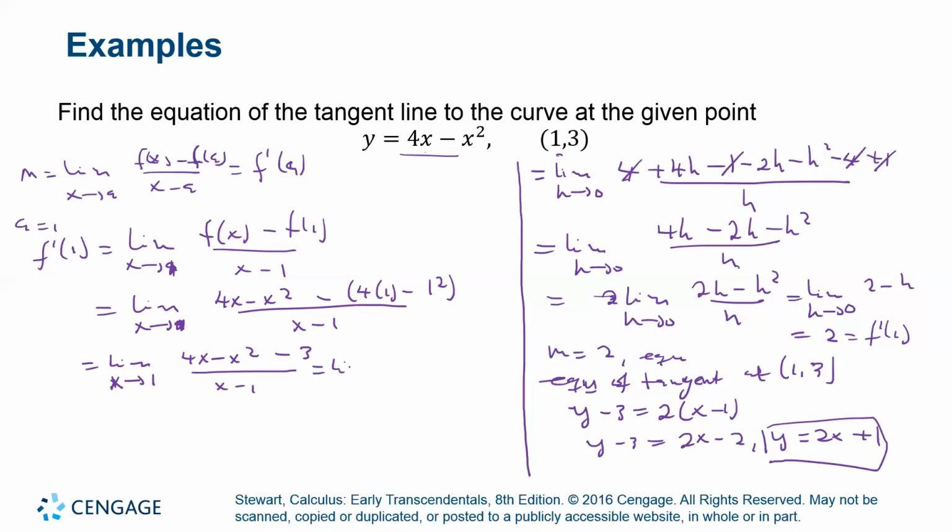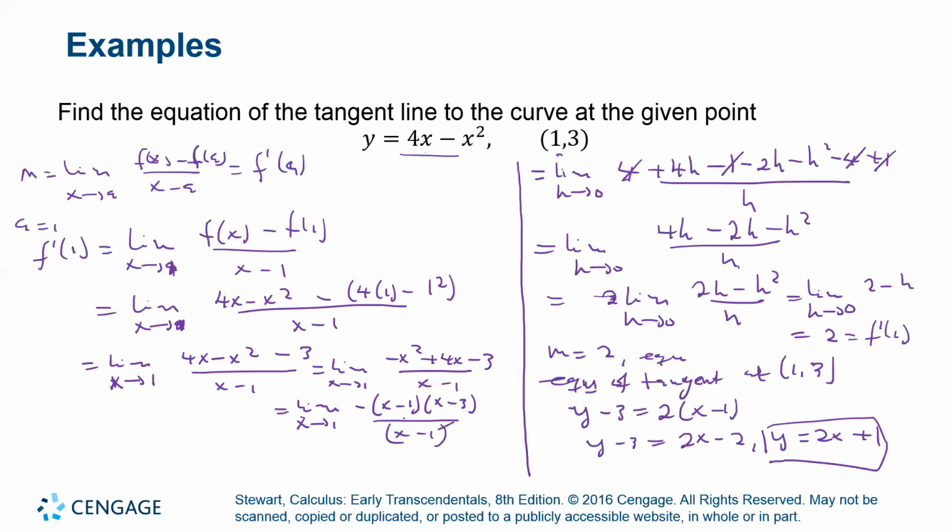Now we need to simplify that. x goes to 1, minus x squared plus 4x minus 3, all over x minus 1. So when you factor the numerator, you have the limit x goes to 1, factor out negative, so you have x minus 1 times x minus 3, and then this divided by x minus 1.